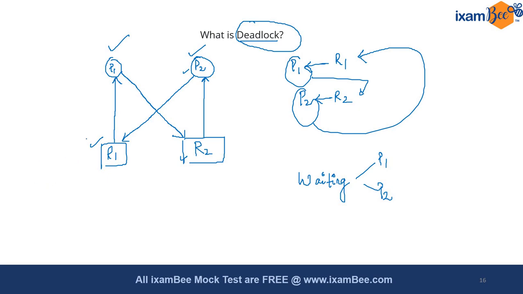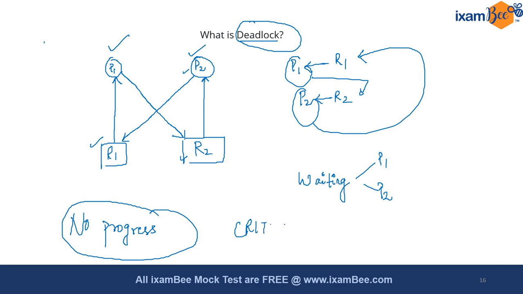This is the situation where we will have deadlock, and in deadlock no one is going to proceed, so there will be no progress made, and the system will be just waiting indefinitely. It will not get an event which will free it from deadlock. So no progress will be made, and this particular condition is very critical, and we have to avoid this condition in our operating system and in other areas as well.